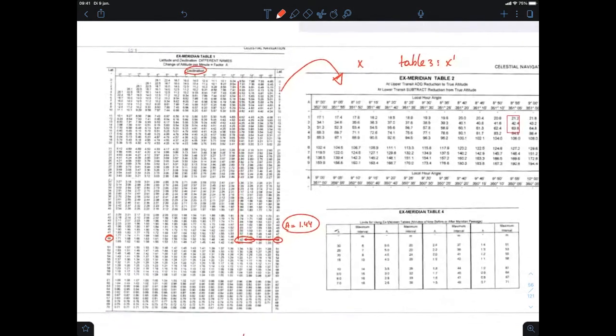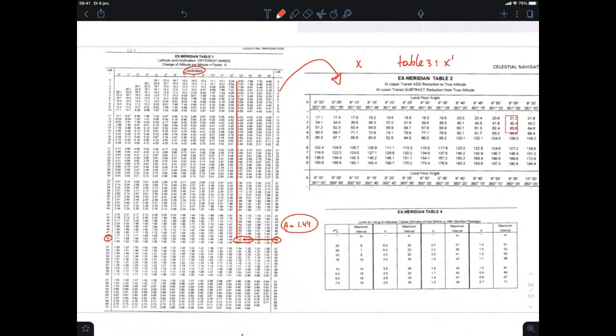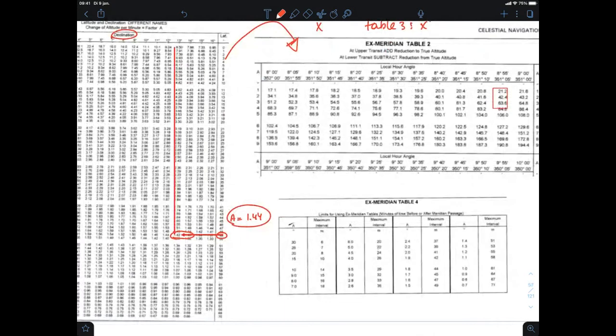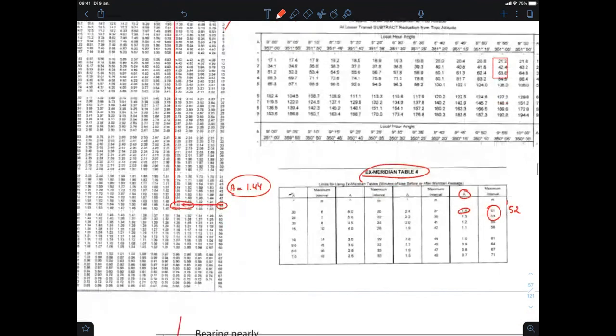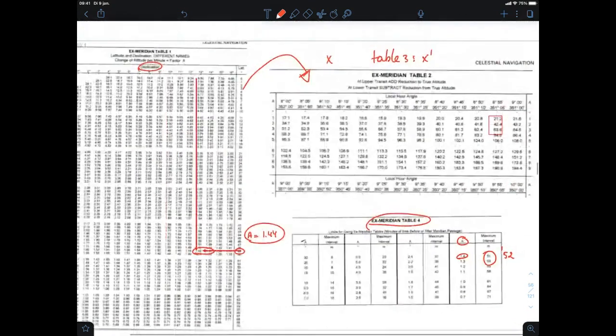But the first thing that we need to do now is to check whether we are within the limits of our meridian passage. Okay, and so with the value of A 1.44, we go to table 4. A is 1.44, so that is somewhere here. And so we see that our maximum interval is approximately 52 minutes. So how do we check this now?